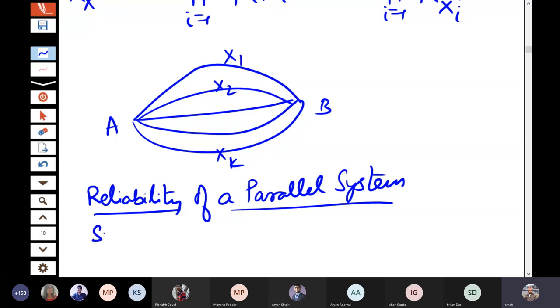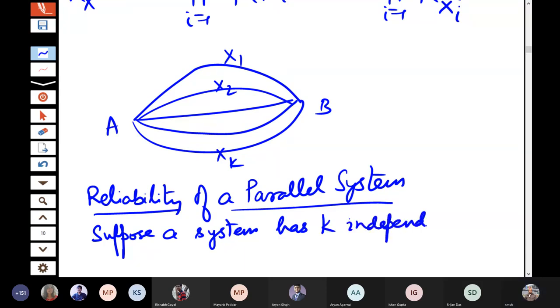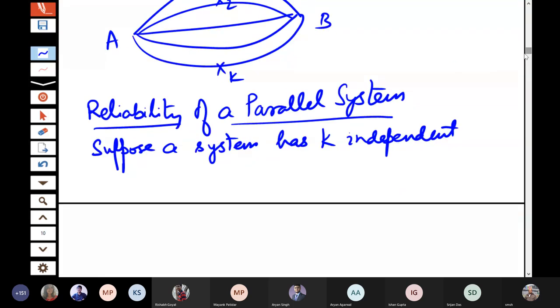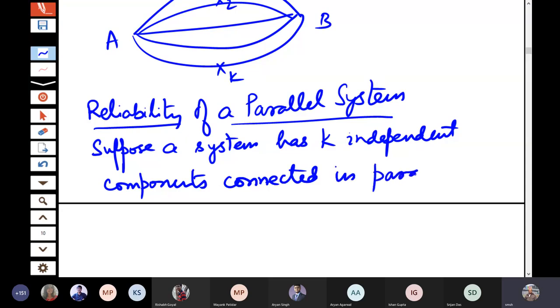So suppose a system has k independent components connected in parallel.